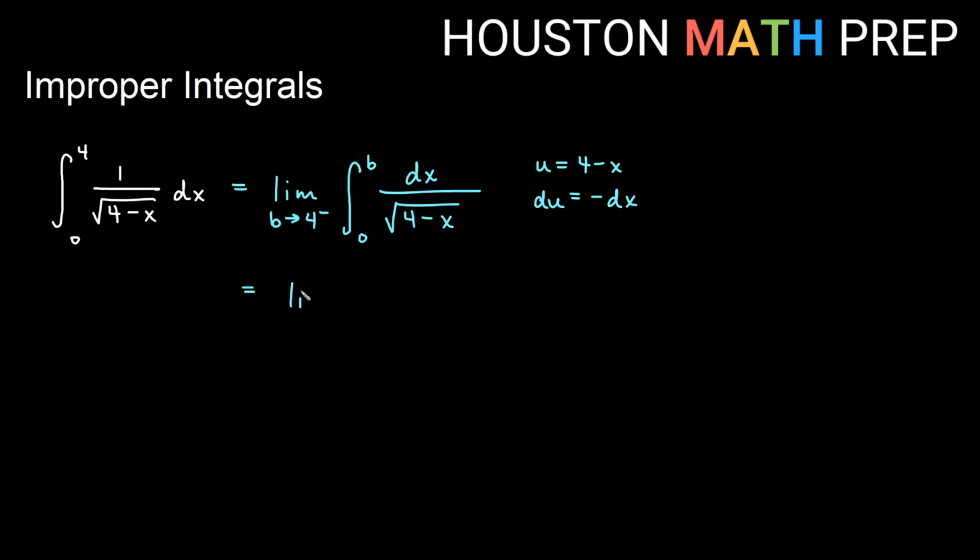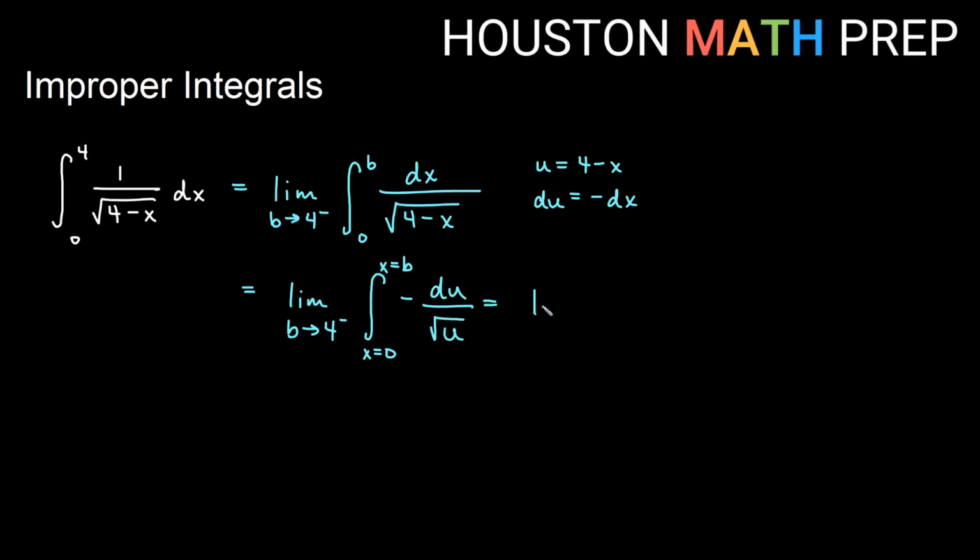So we will still say the limit as b approaches 4 from the negative direction. You could go ahead and solve your new bounds. I'm going to just leave these as x equals 0 and x equals b. And we'll do the integration, and then we'll sub back. So this will be a negative du over the square root of u.